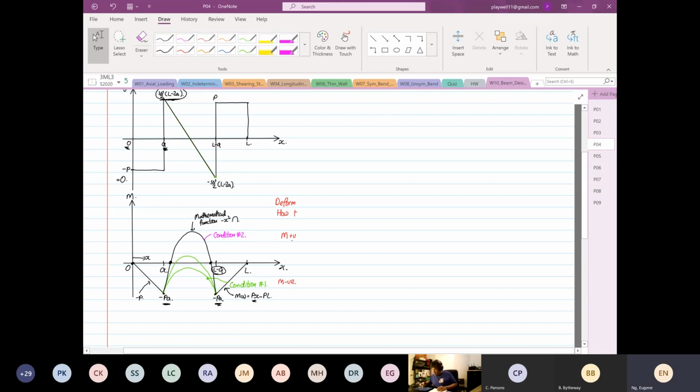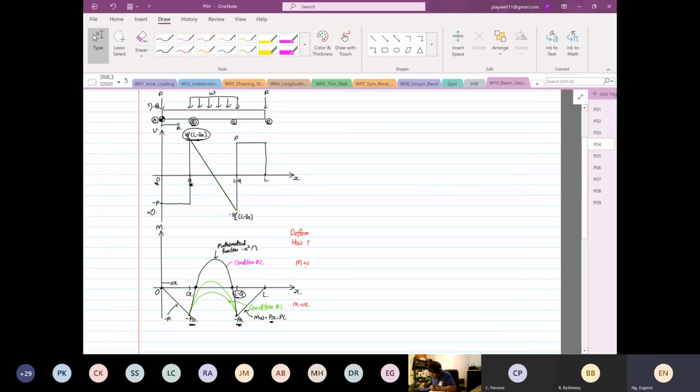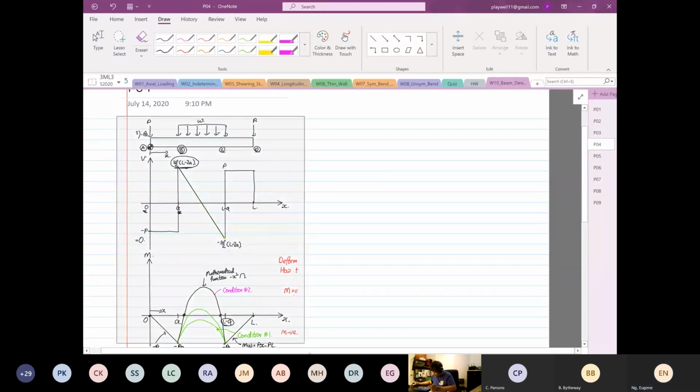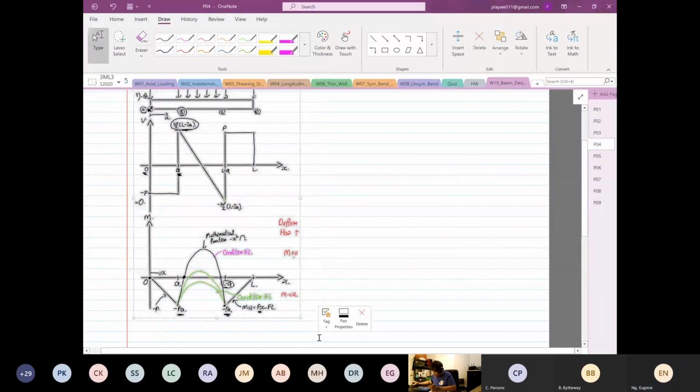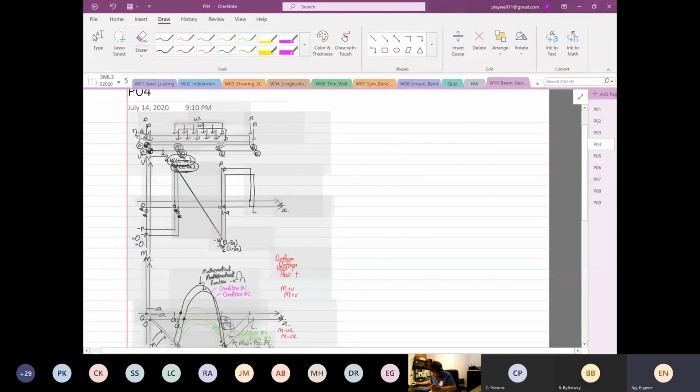Anyone? What is the relationship between? So I'm going to ask you guys this now. Okay. So we have different types of loading, right? So let's look at the loading.